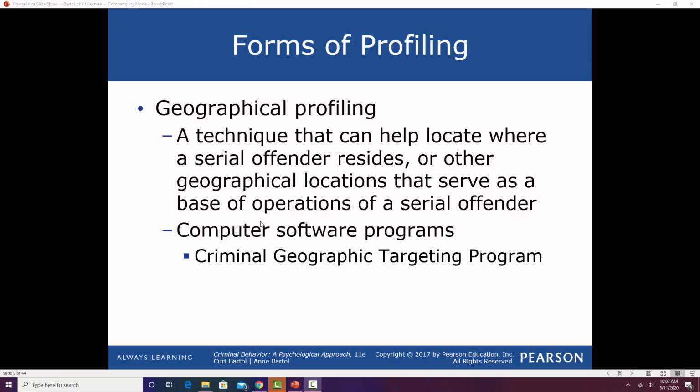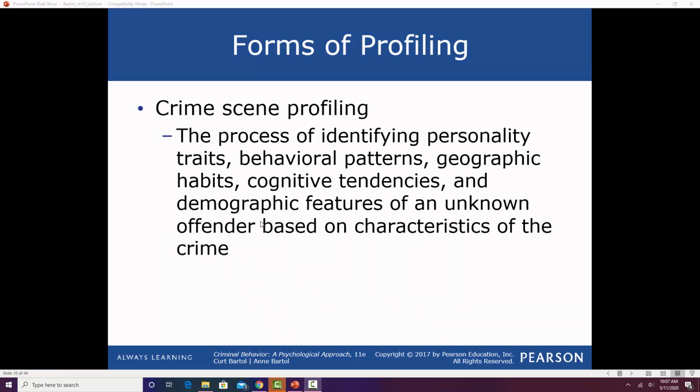Again, you map out all of the offenses, and once you have this visual image of where all of these cases are taking place, you can determine where a person may work or live, which can help you in your investigation.